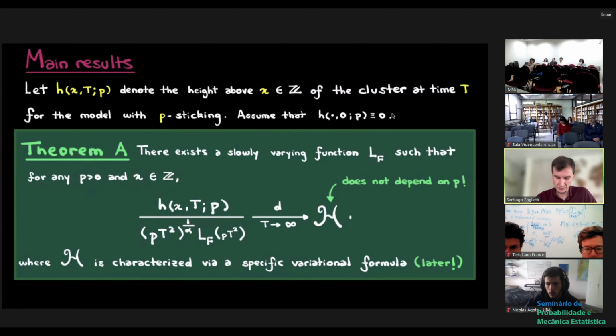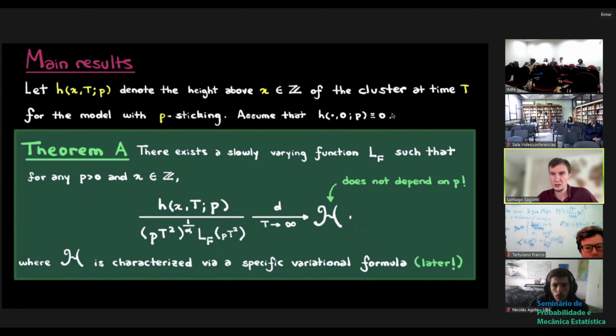So basically what this theorem is telling you is that the dependence on p somehow gets washed away in the scaling. That's the only influence of p in the behavior of the height. And second of all, this limit h we can fully characterize in terms of a specific variational formula that I will tell you about in a couple of slides.